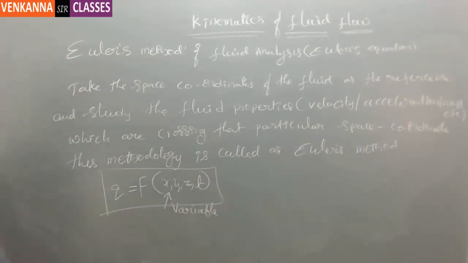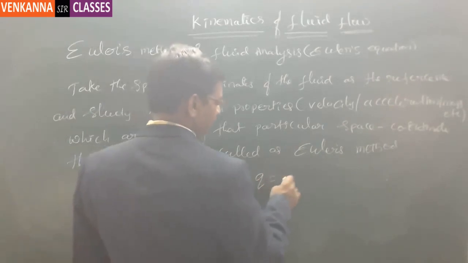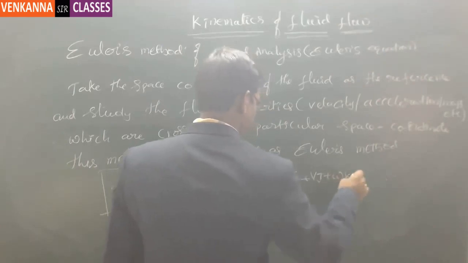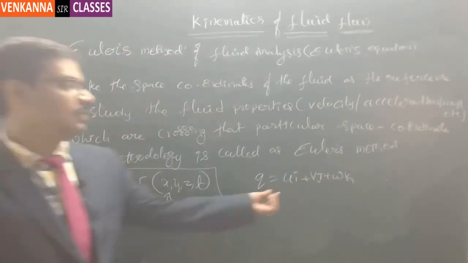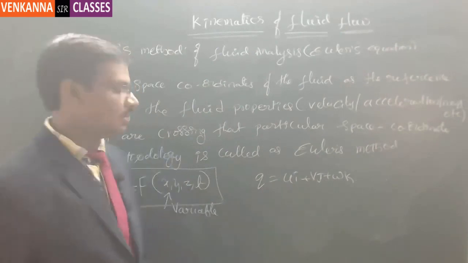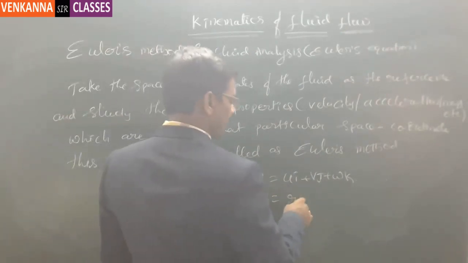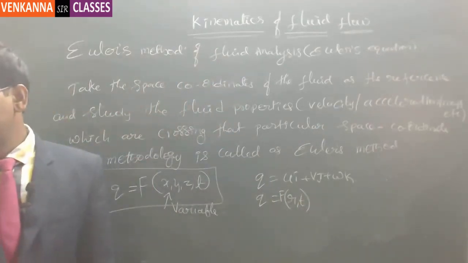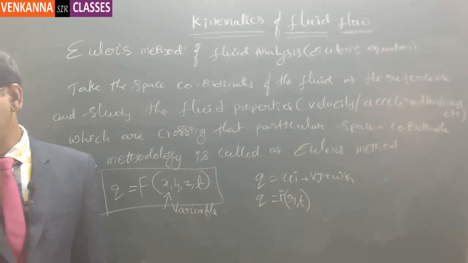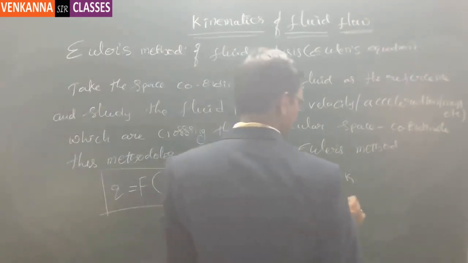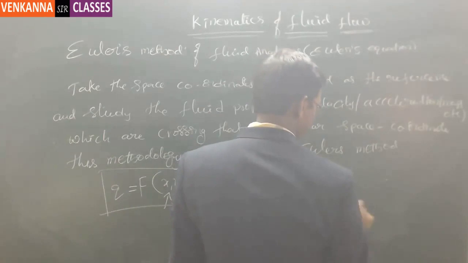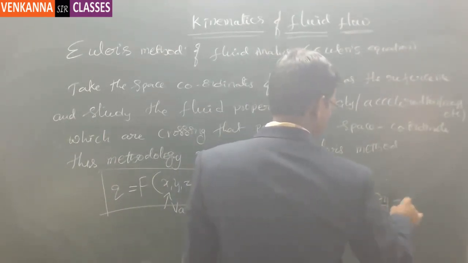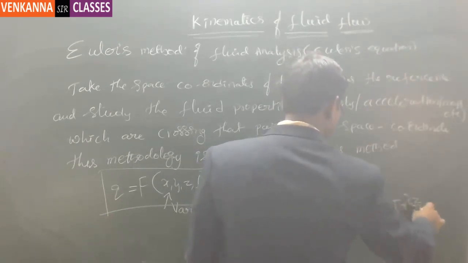For example, if you take a simple case, q is equal to u i plus v j plus w k. Now here, u is nothing but the time rate of change, or q can be written as f of r comma t. So this can be written as dou x by dou t into i plus dou y by dou t into j plus dou z by dou t into k.